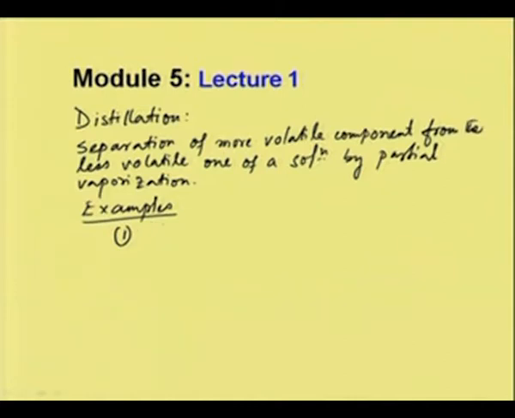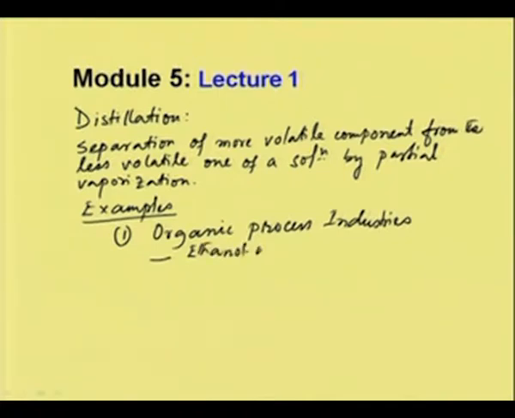are organic process industries, like ethanol water separation, aniline and nitrobenzene separation.